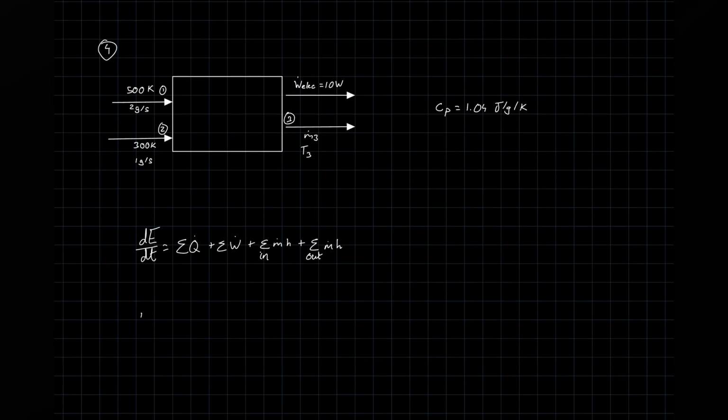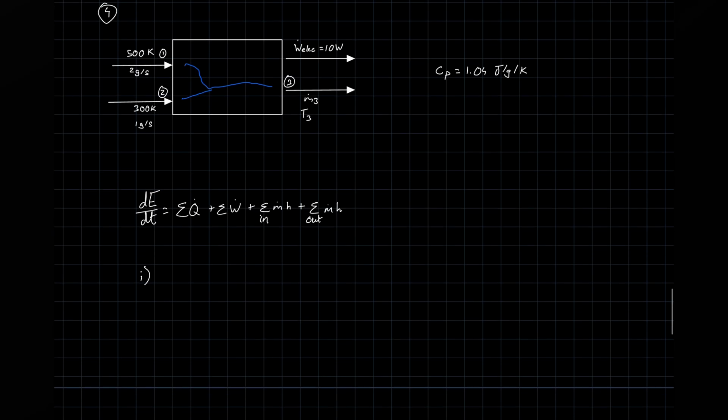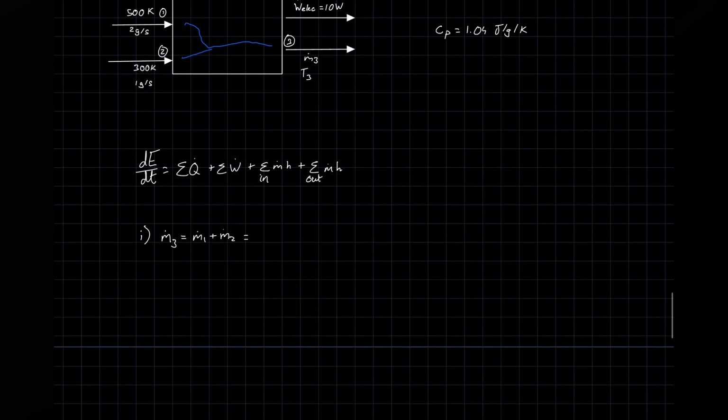So step 1 is to realize that your two flows somewhere within your system eventually connect and they become one mass flow, which through the conservation of mass, because it can't just disappear into thin air, means that your outflow M3 is equal to M1 plus M2, which is very nice. So this is simply 2 plus 1, which is 3 grams per second.